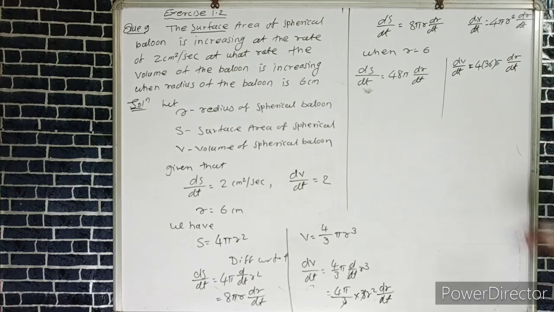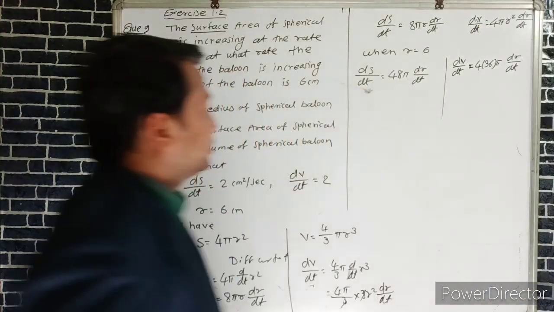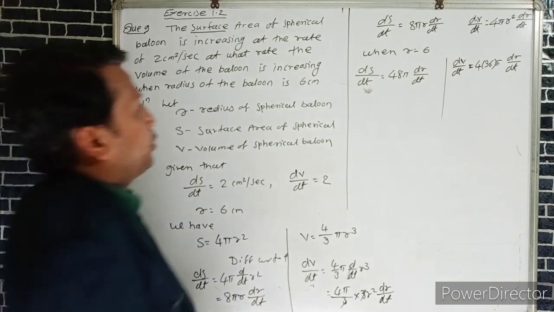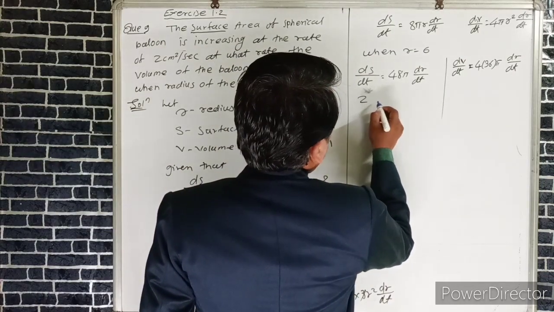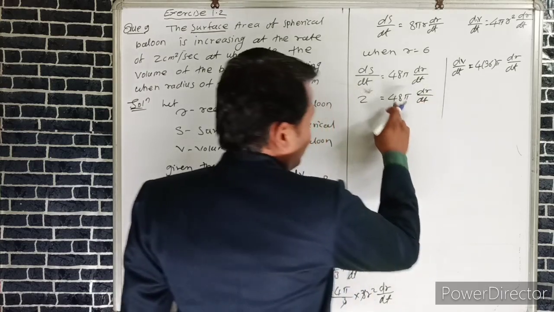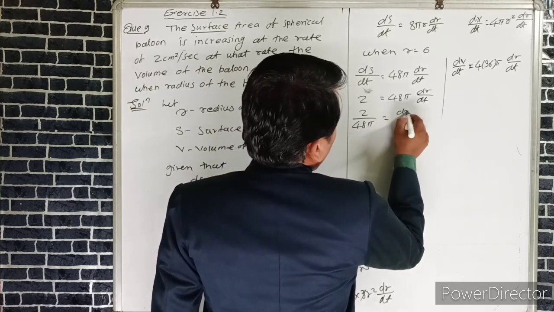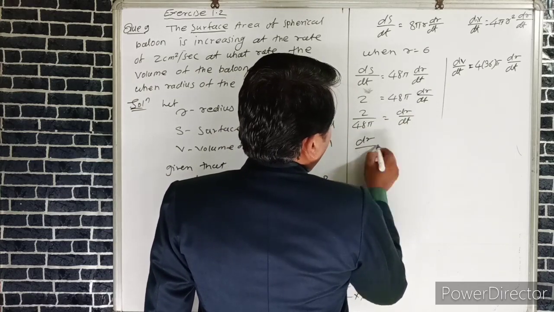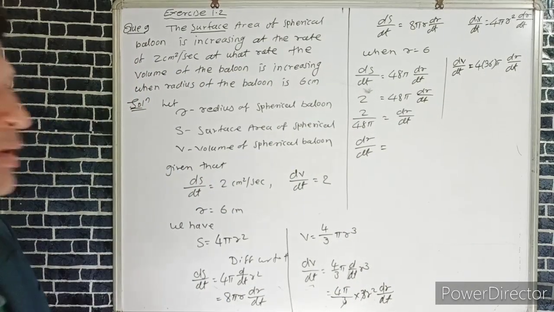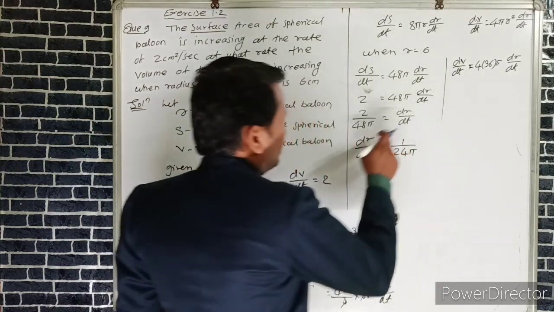We have to find dV/dt. So, if we substitute the value of dS/dt, which is 2, we can write 2 = 48π dr/dt. The value of 2 upon 48π is equal to dr/dt; 2's 1 and 24's 1, so dr/dt is 1 upon 24π.